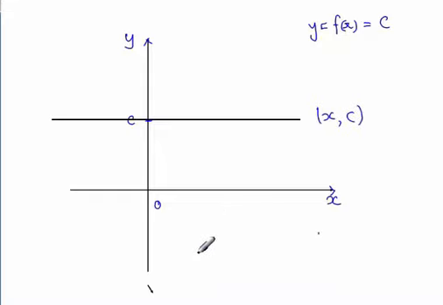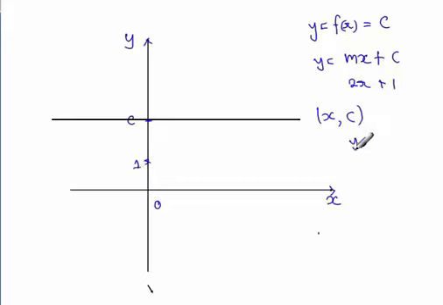And then the next, maybe simplest function, a bit more complicated than this one, from your experience at school: the linear function. So y equals mx plus c, which could be 2x plus 1. We know that this function will cross the y-axis at 1, and it's got gradient 2.